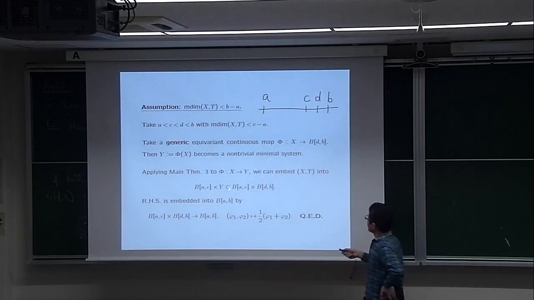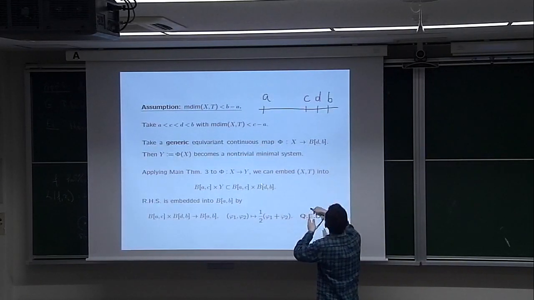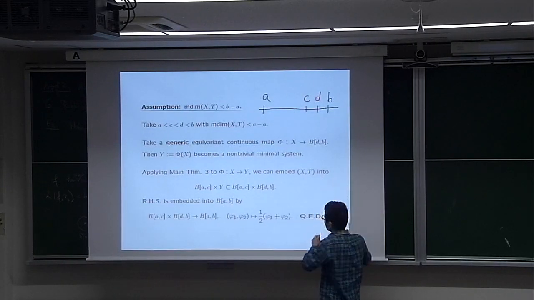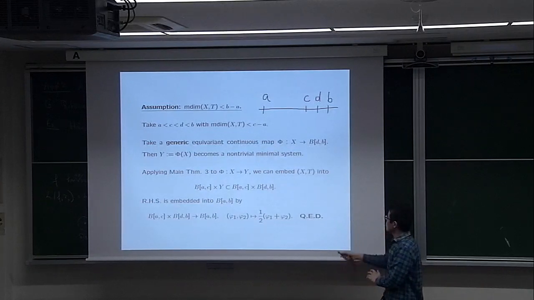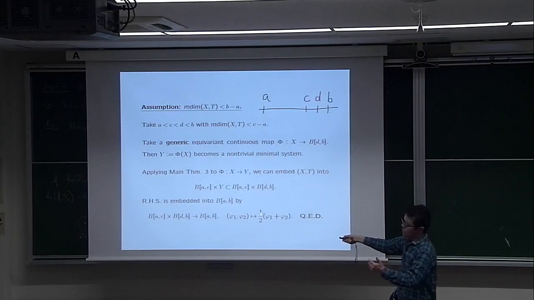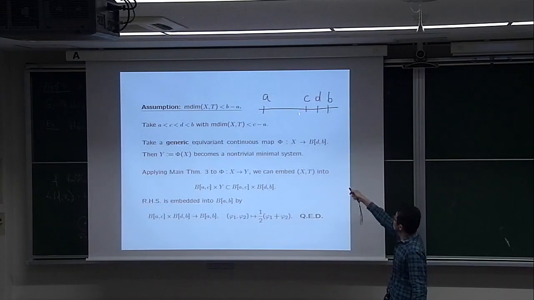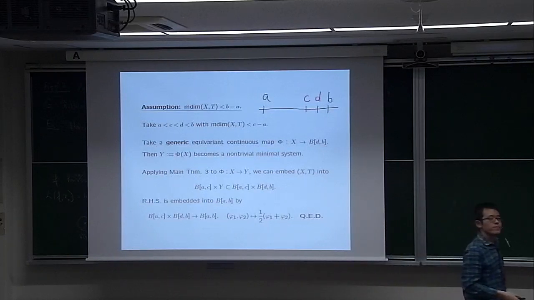On the other hand, this [A,C] is this interval, and [D,B] is this interval. And the point is that [A,C] and [D,B] have no intersection. So trivially, this right-hand side can be embedded into B_{[A,B]} by just addition. Because there is no interaction between these frequencies and these frequencies. Okay, then this proves main theorem 2.